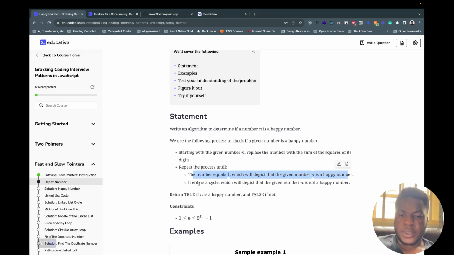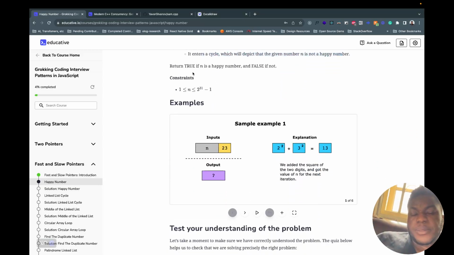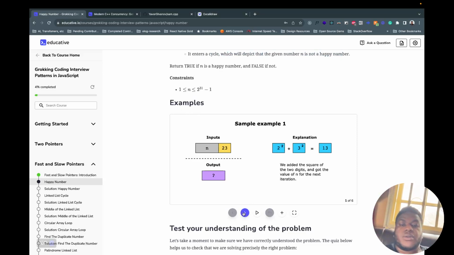If it does, it's a happy number. If there is a cycle, then the given number is not a happy number. Interesting. Return true if it's a happy number, false if it is not. Now, why do I want to know if a number is a happy number in real life? I don't know, but it's useful to practice the pattern.